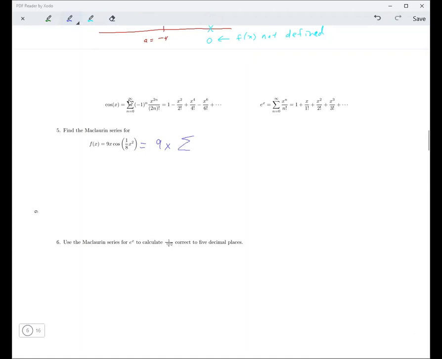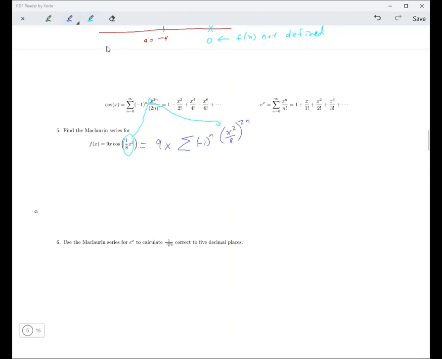And you just copy the cosine down, -1 to the n. But instead of writing x to the 2n, you take all of this, x squared over 8 to the 2n. All of this goes in here.